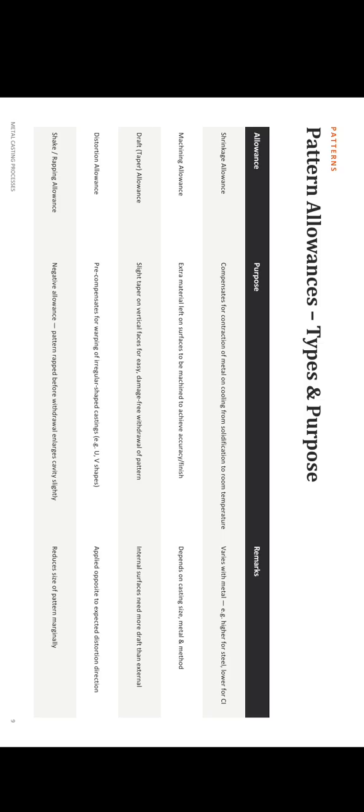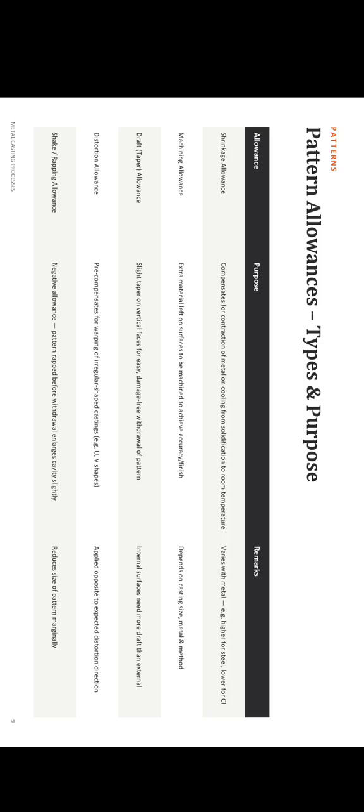It varies with metal, for example higher for steel, lower for cast iron. Machining allowance: extra material left on the surface to be machined to achieve accuracy and finish. It depends on casting size, metal and method.